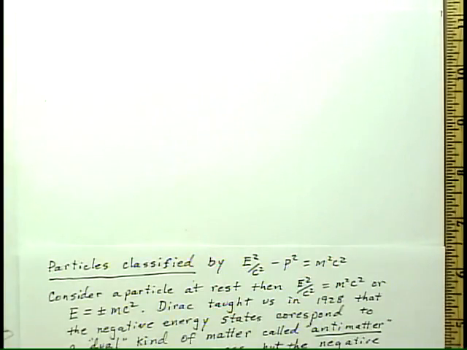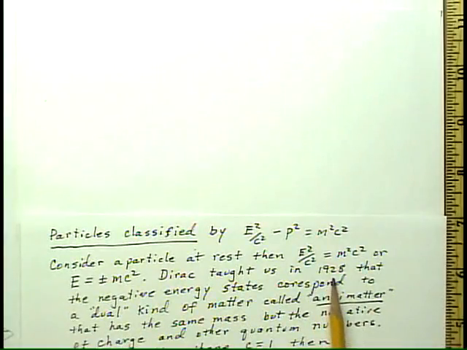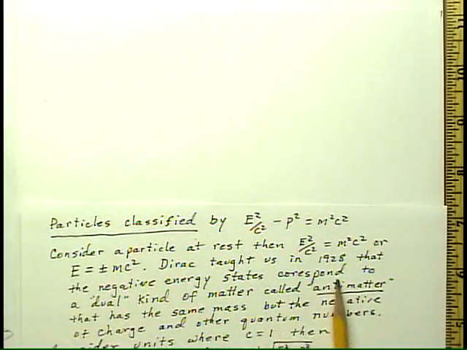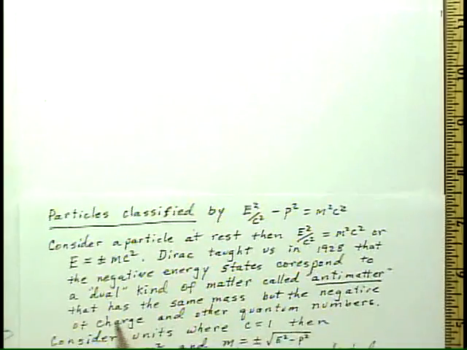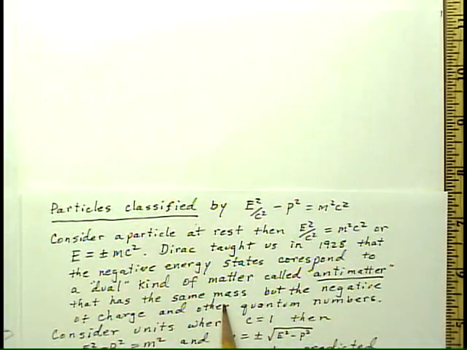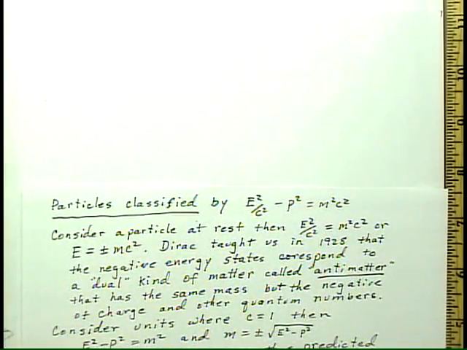However, when Dirac worked with relativistic quantum theory, he found that although he could eliminate the negative solutions in starting the equations out, later on those negative solutions would creep back in, and that he couldn't eliminate them altogether for all times. He therefore made the conjecture in 1928 that the negative energy states corresponded to a dual kind of matter that he called antimatter. And that matter was to have the same mass but the negative of charge and other quantum numbers associated with a particle.